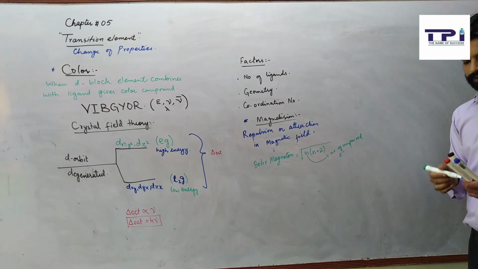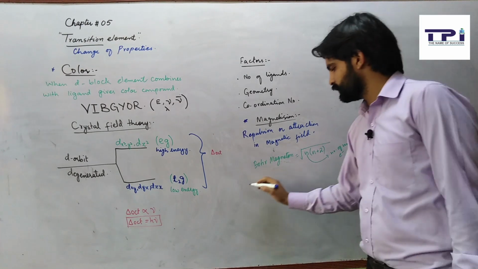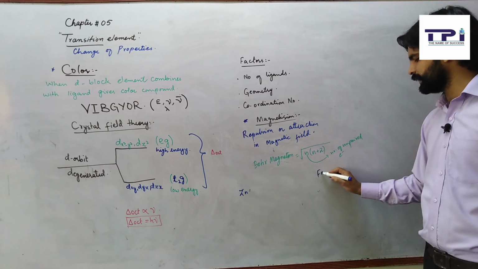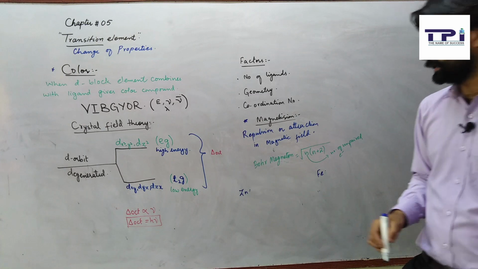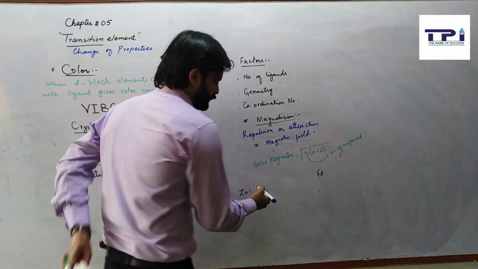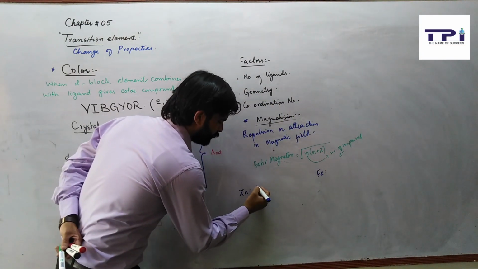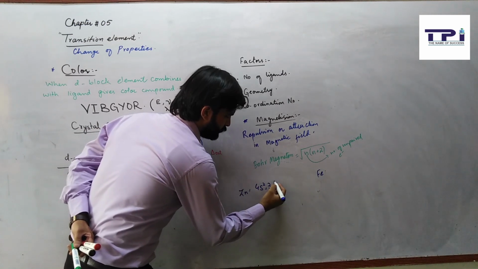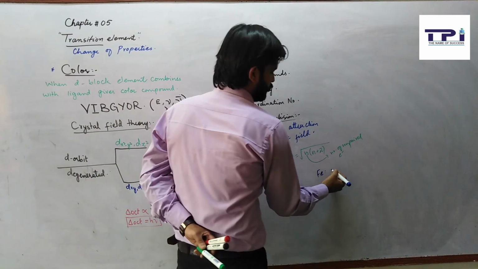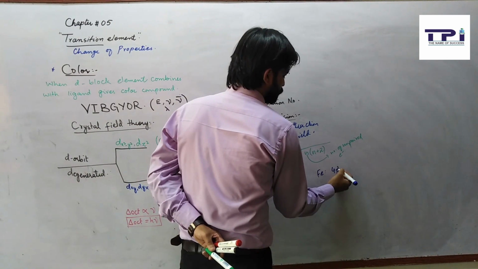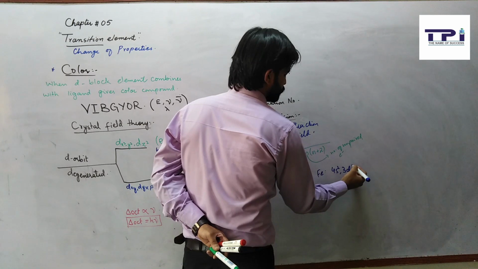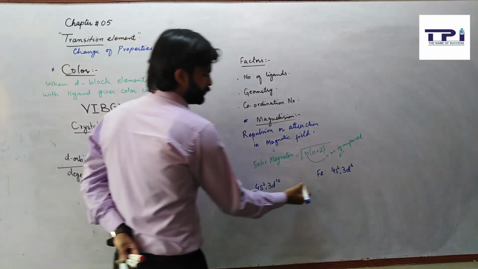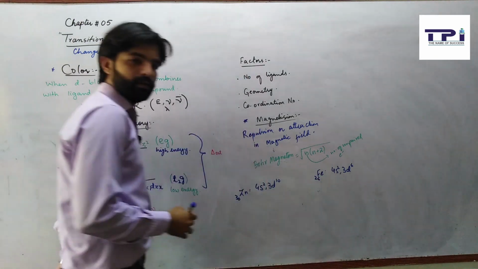I will give you two examples, zinc and iron. For zinc, you have to memorize that the electronic configuration is 4s2 3d10. Iron is 4s2 3d6. Atomic number of zinc is 30, atomic number of iron is 26. Right?